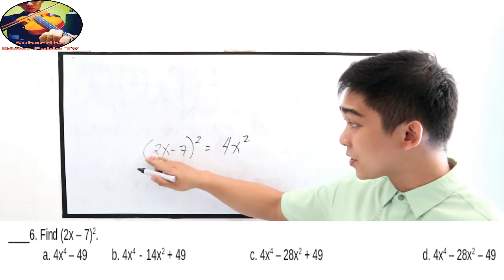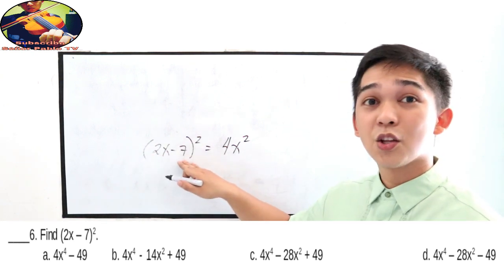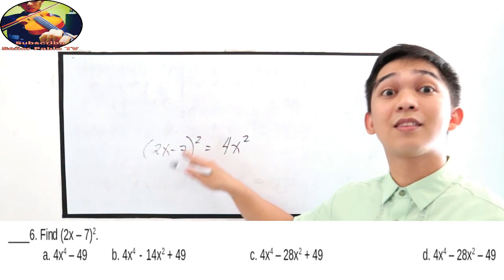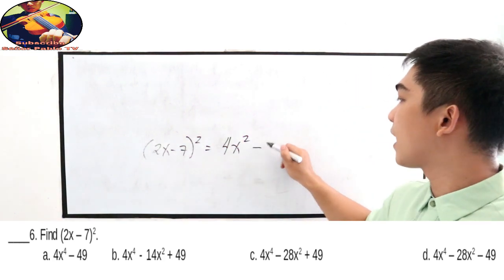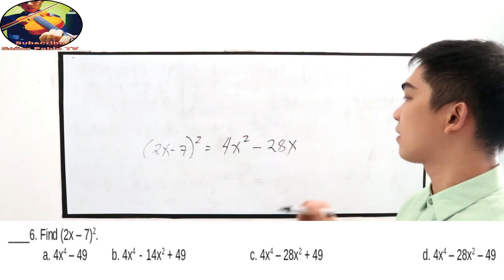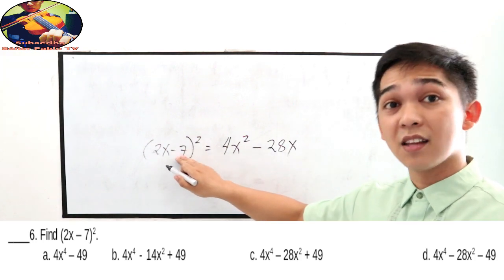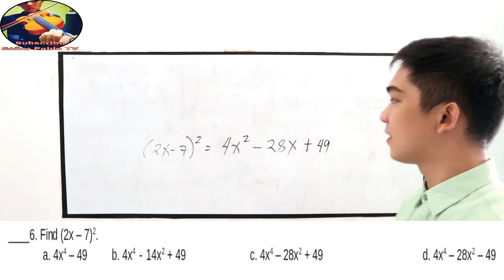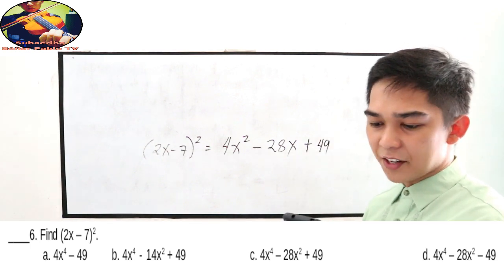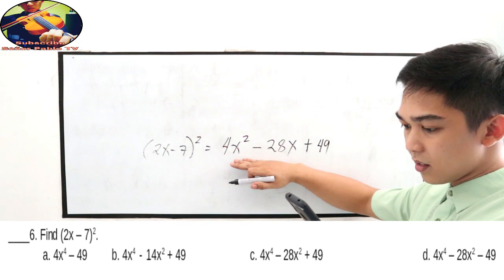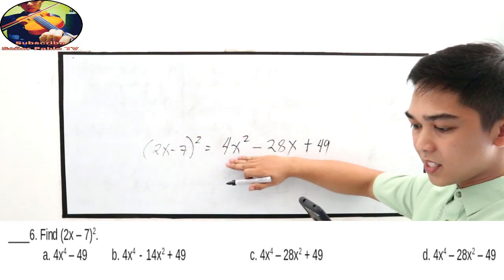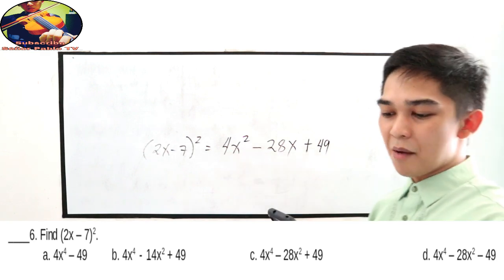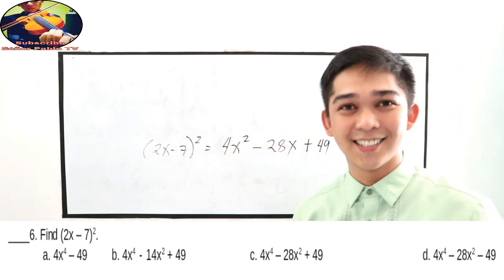Next, multiply the first term and the second term. 2x times negative 7, negative 14x times 2, negative 28x. Square the second term, plus 49. So that is letter C. So number 6 is letter C.